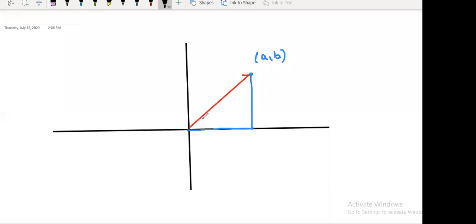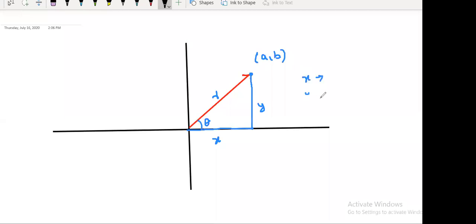Got it? And this angle is the angle of the vector with respect to x-axis. Now just suppose the length of this vector is r. Then what is your x component and what is your y component? Just tell me. What is your x component?